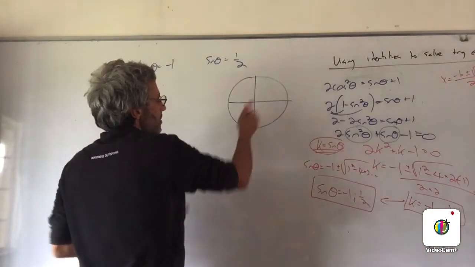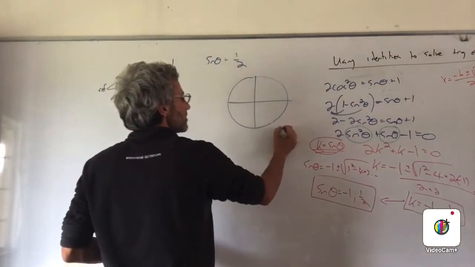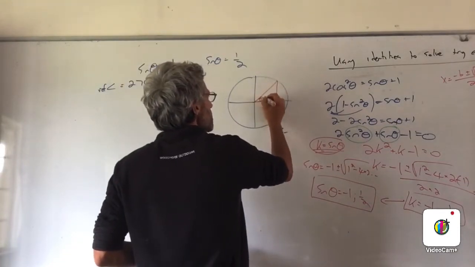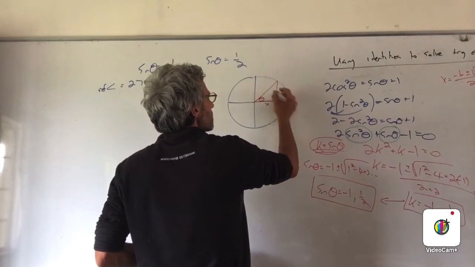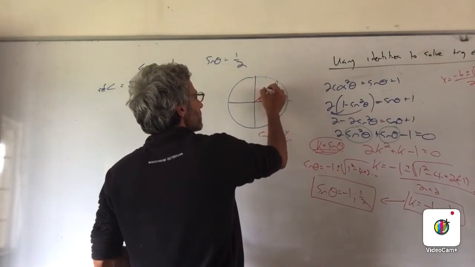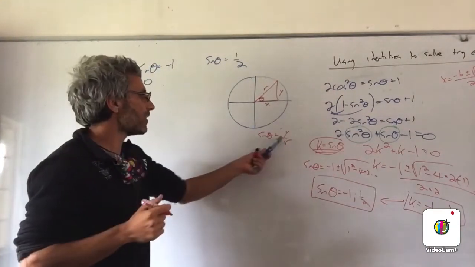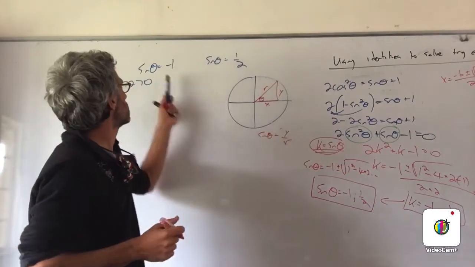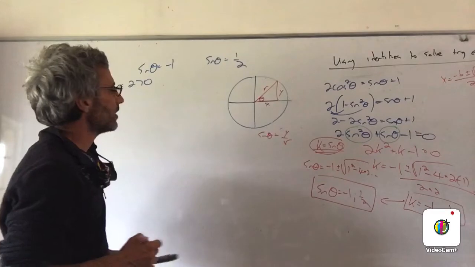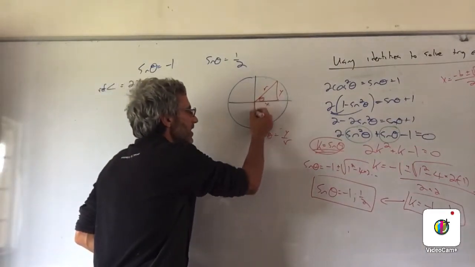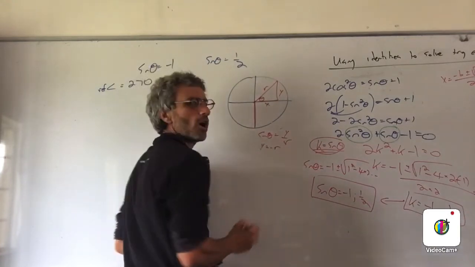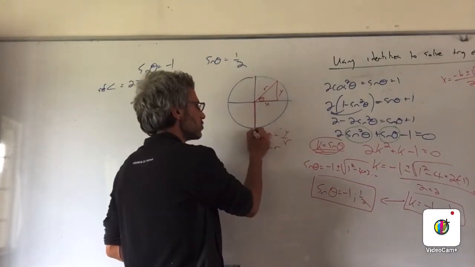If I draw a little triangle here, this is my theta, this is my x, this is my y. Sine theta is y over r, right? Now, I want that to be minus 1. When is it going to be minus 1, where r is 1? It's when it's here. In other words, y must be equal to minus r. In other words, it's 270.